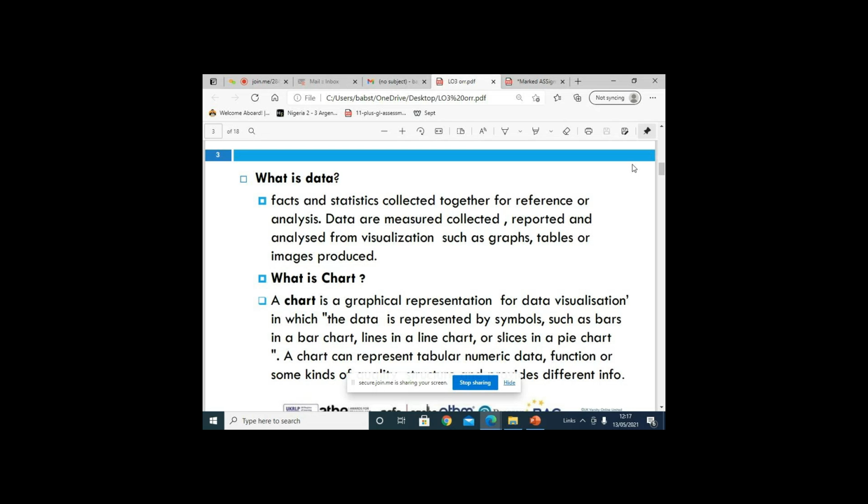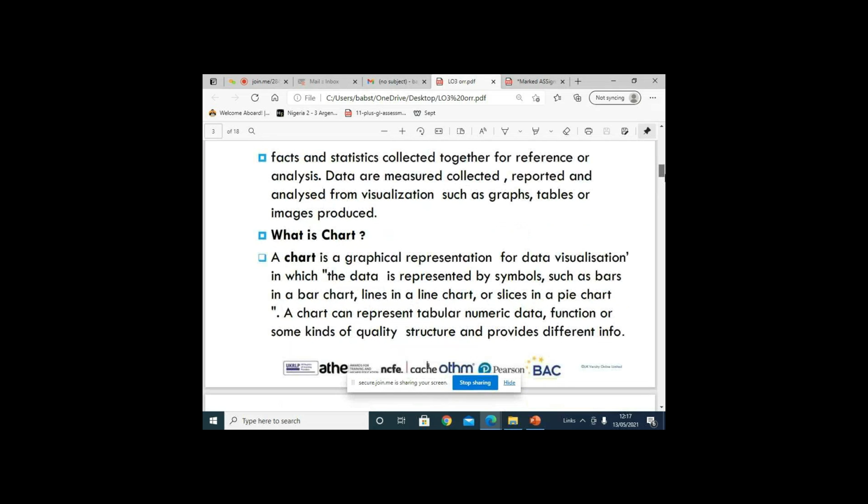So the data are collected, reported, and analyzed through visualization, such as graphs, tables, or images produced. Charts are a graphical representation for data visualization, in which data is represented by symbols, such as bar charts, line charts, slices in pie charts. Charts can represent tabular numerical functions too.